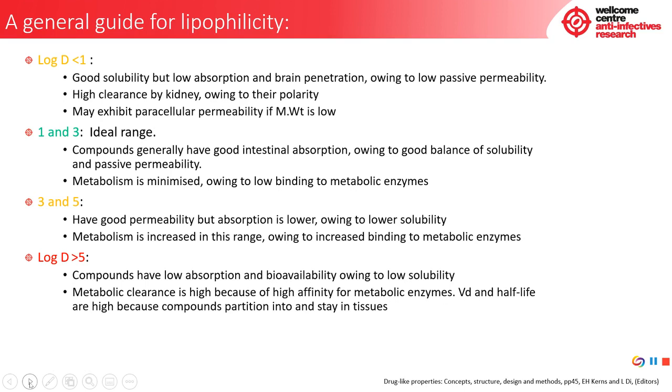And lastly, compounds which have log D 7.4 greater than 5 can have low absorption and bioavailability owing to low solubility. They can have high metabolic clearance due to the high affinity of the drug for the metabolic enzymes. The volume of distribution and half-life could be high because of compound partition into tissues wherein it might stay.